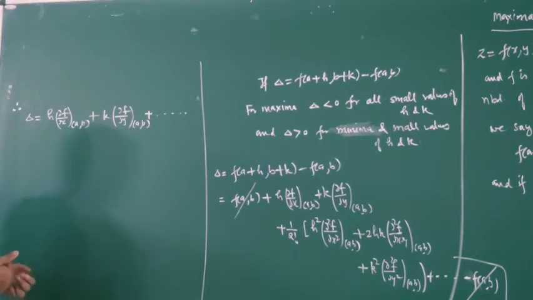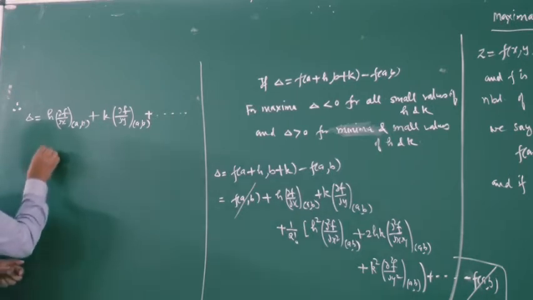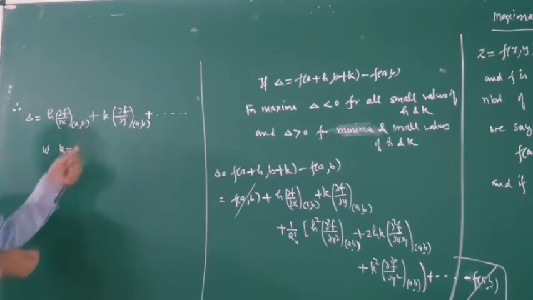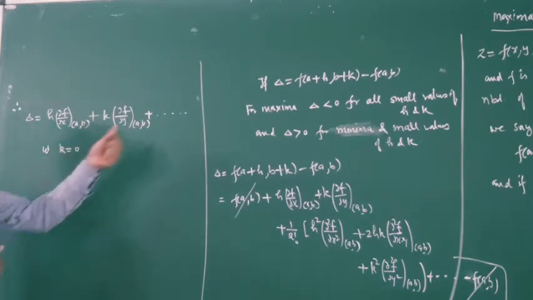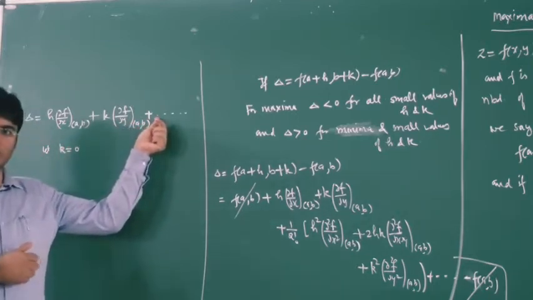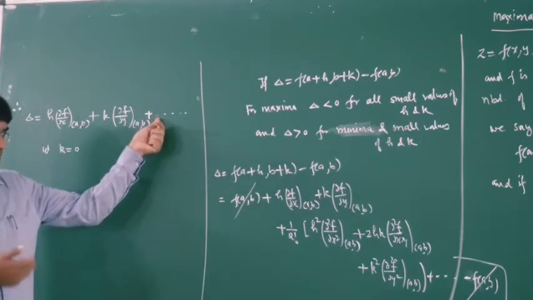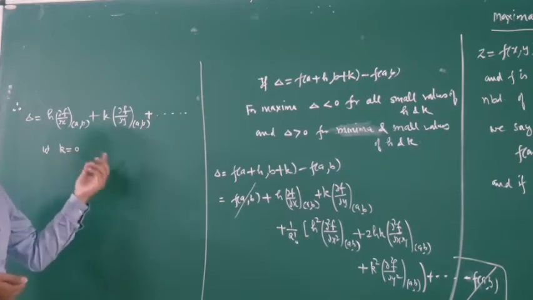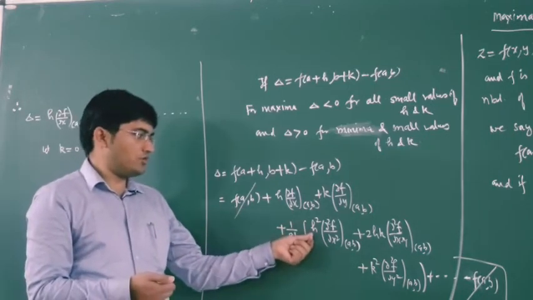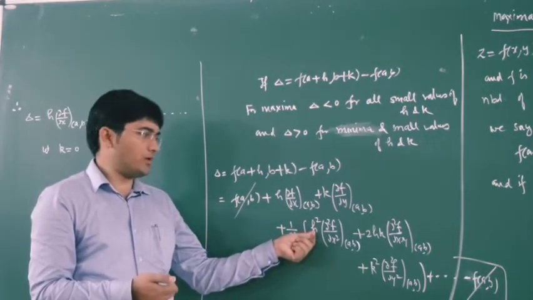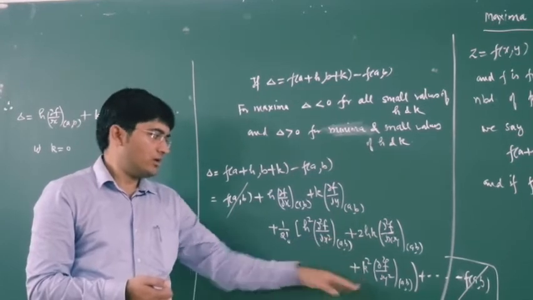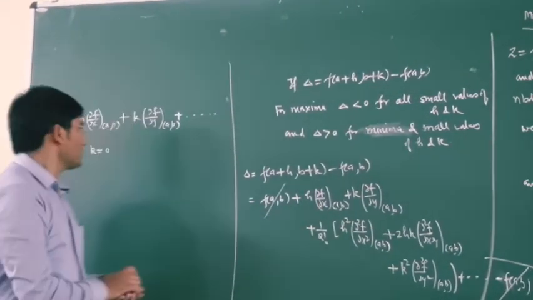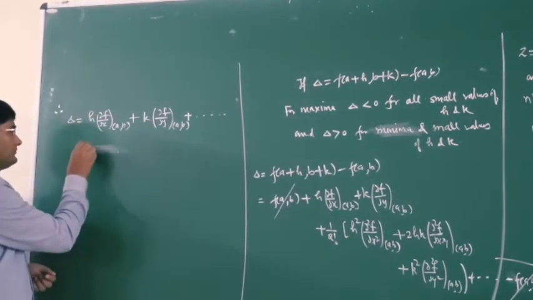So now let us suppose that k equal to 0. Because our second and higher order terms are in terms of h square, hk or k square, and as our h and k are small, let us neglect the higher order terms.